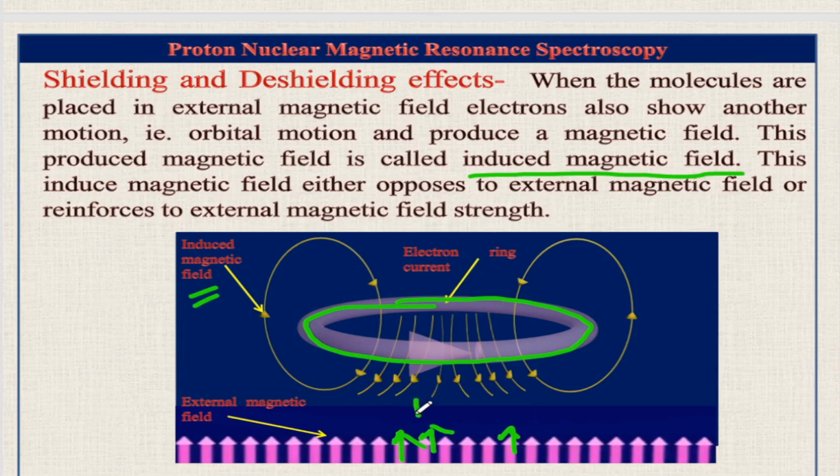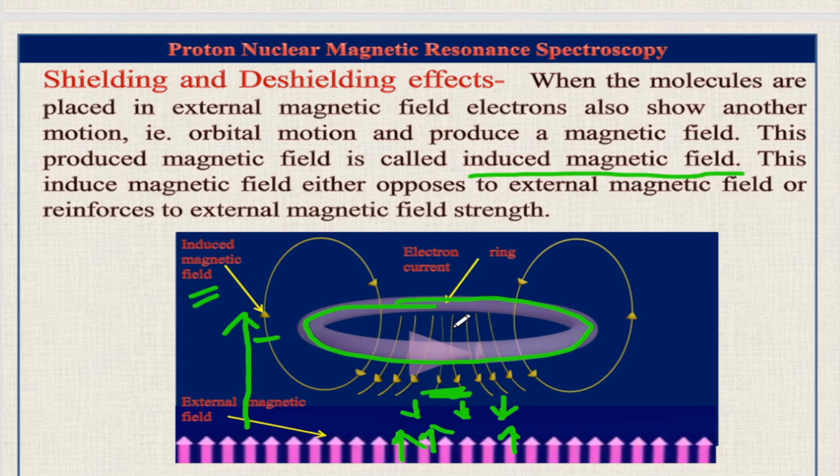In the center, this induced magnetic field opposes the applied magnetic field, and on the right side, left side, front side and bottom side, the induced magnetic field reinforces the strength of the applied magnetic field. So the proton present in the center region is in the shielded region, and the outer region is the deshielded region.